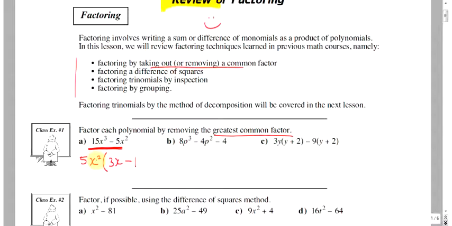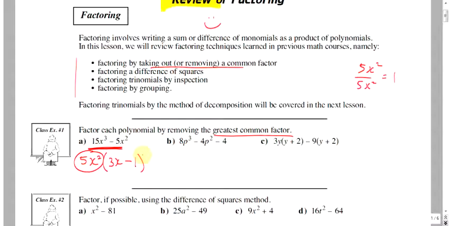What do I multiply x squared by to get x squared? 1. You want to put another 1? Do we need it? No? In other words, how's the other way to describe that? What's this divided by that? It's 1, right?